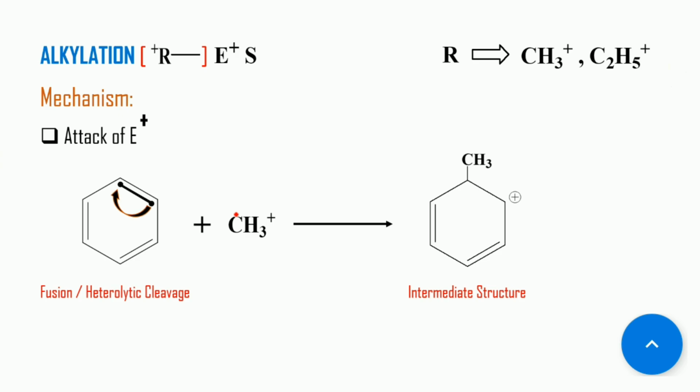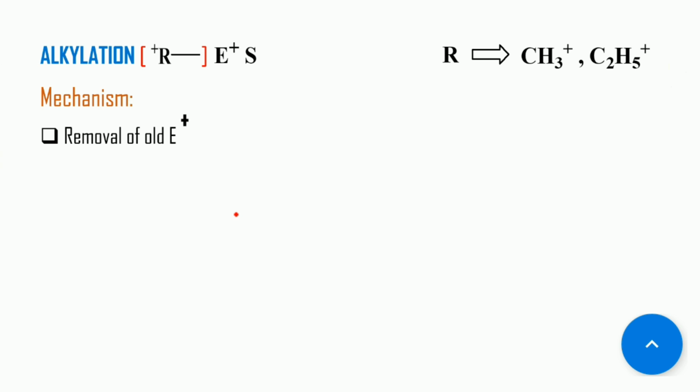Now comes our final step, that is removal of the proton. So this is the intermediate structure we get from our previous step, that is attack of the electrophile. In this carbon atom, the hydrogen atom will donate its electron to this carbon atom, leaving the ring itself as an electrophile.